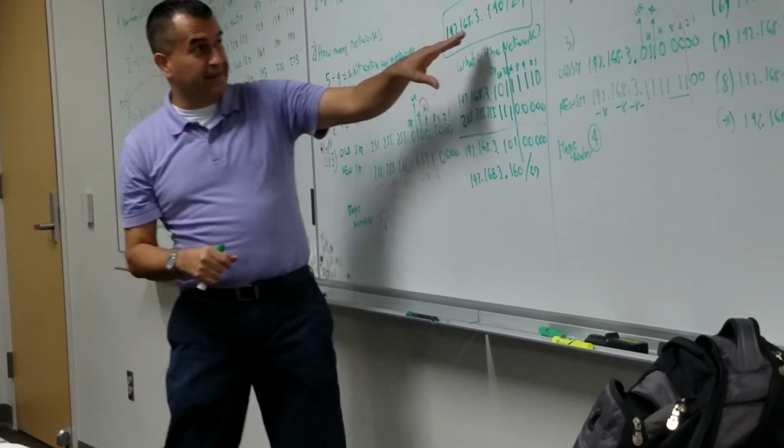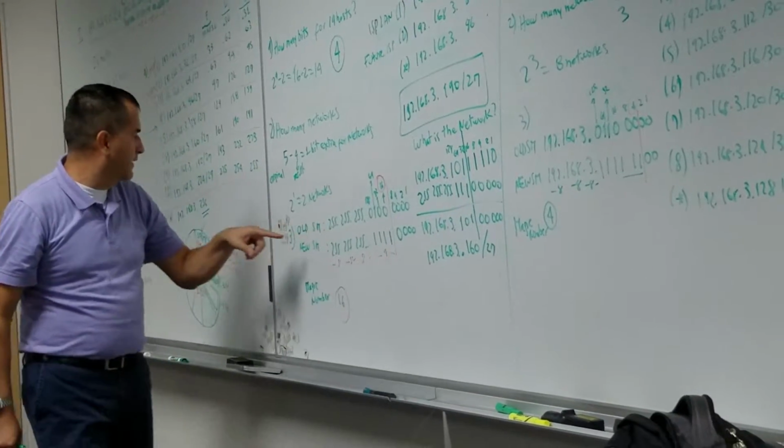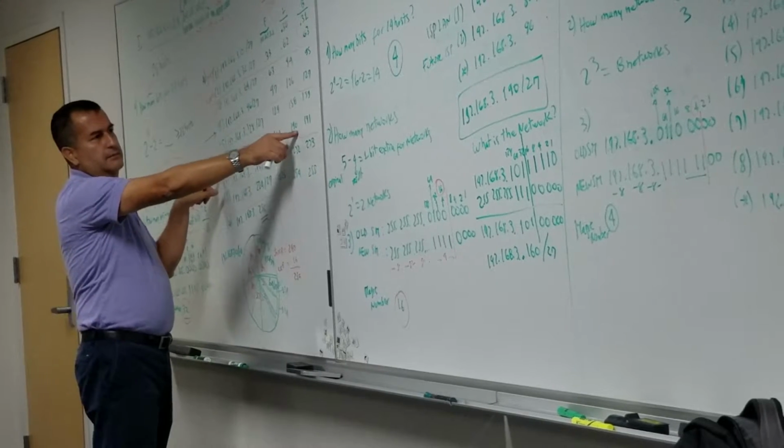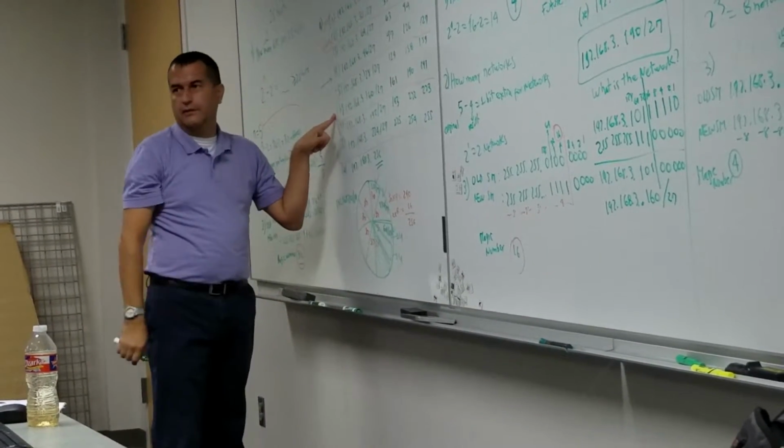It looks like that's a 192, the network, but it's not. You see 160 bits right here. Boom. That's the last usable on my 160 network.